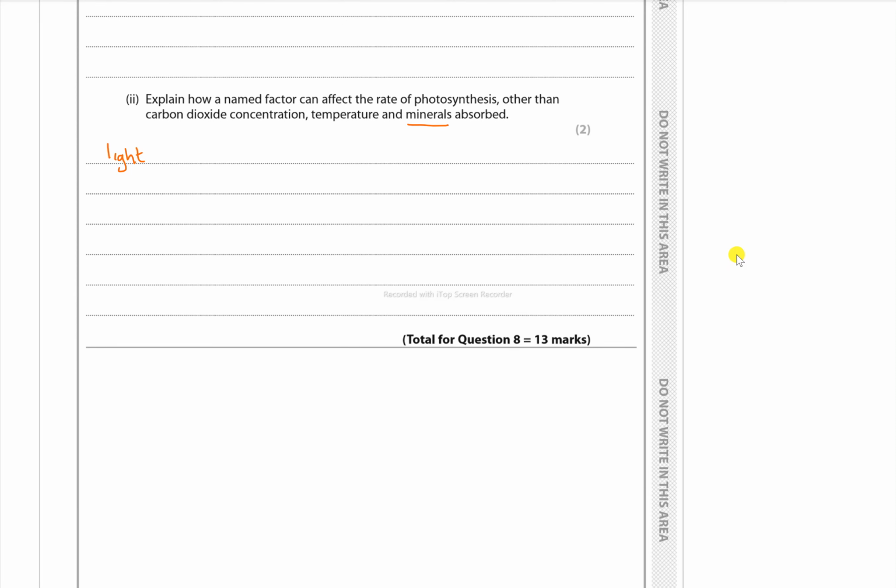A light increase will allow more photosynthesis to take place, so more of the chloroplast can absorb light and make food for the plant.